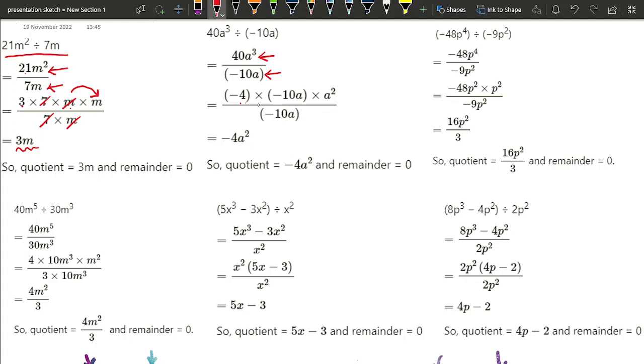Now, you can split it anyhow. In this case you could write it as 2 into 2 into 5 into 2, like that also you can split, no problem, it's absolutely not an issue.